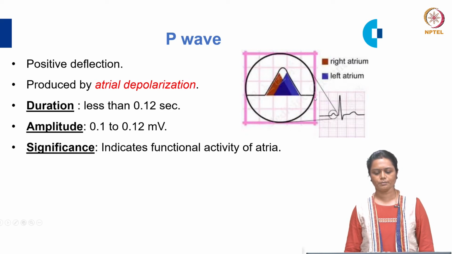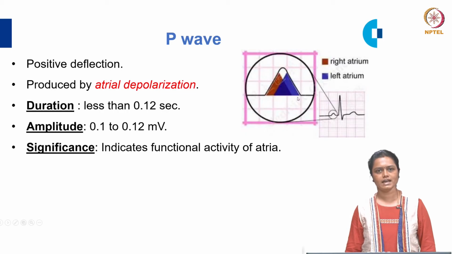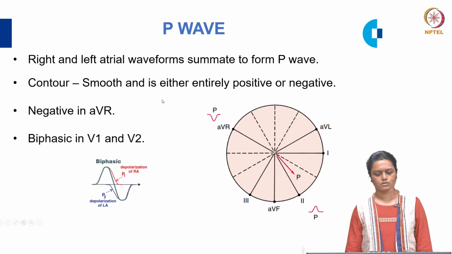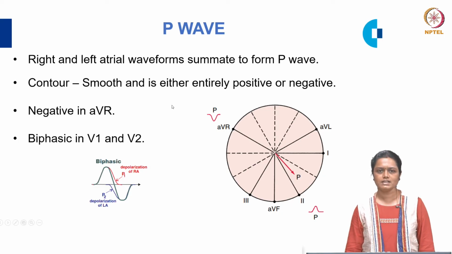The duration of the P wave is normally less than 0.12 seconds and the amplitude is about 0.1 to 0.12 millivolt.